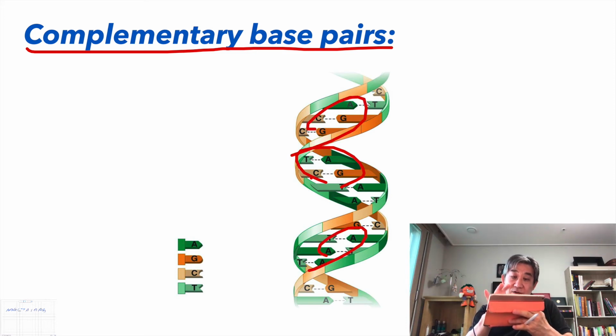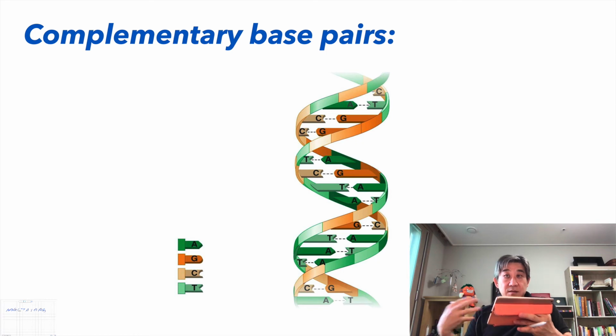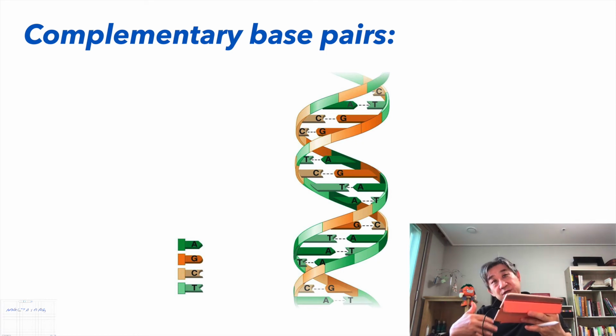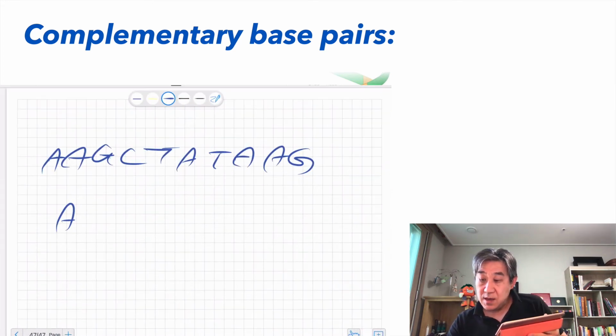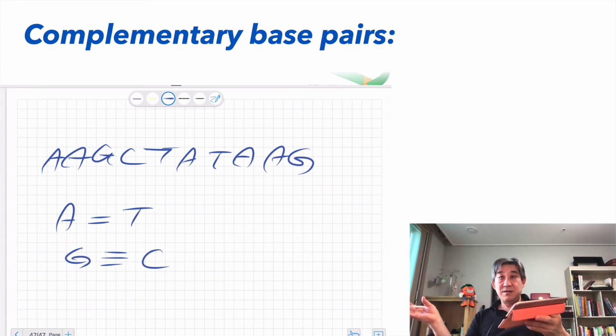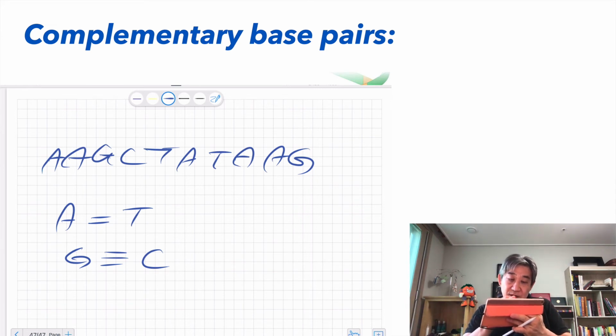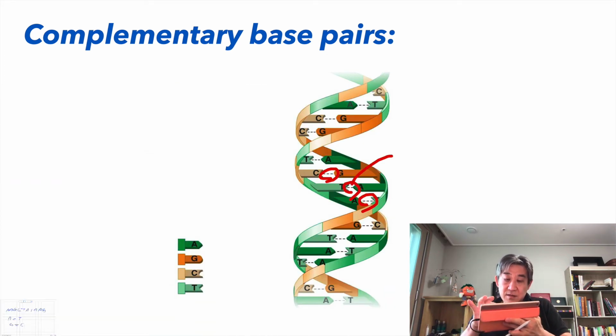More importantly, the pairing relationship among the different nitrogenous bases is very specific. No matter where you look, the pairing combination is always between A and T and between G and C. And each dotted line over here represents a hydrogen bond.